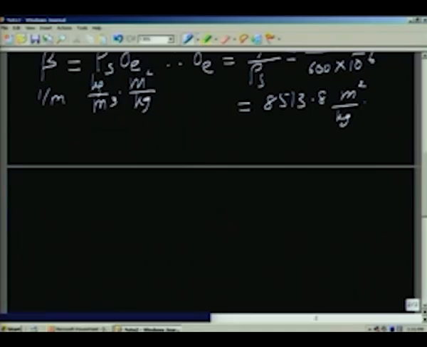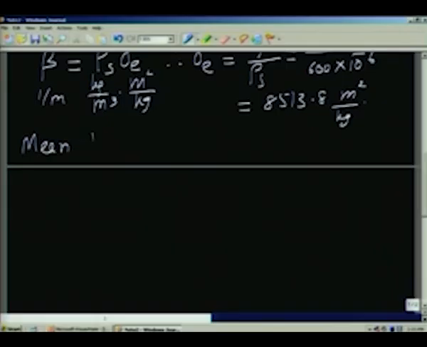So, we now will look at the mean diameter given of the smoke particles. I will call it dP. It is 0.2 micrometers.